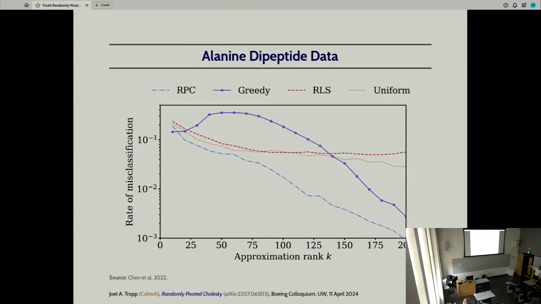Okay, so by the time you've taken 200 landmarks, you're only misclassifying 1 point in 1,000 as compared with the reference. The other methods either get confused and produce worse results or never produce anything useful at all. So the fact that this algorithm actually produces guaranteed approximations is borne out in the numerical experiments.